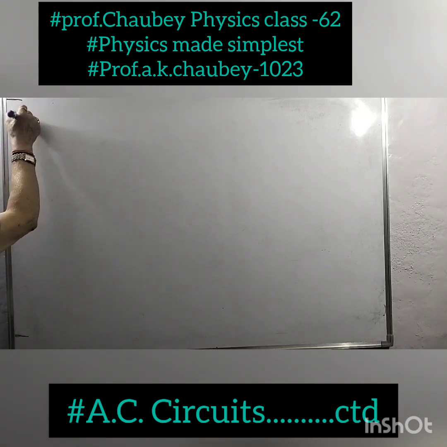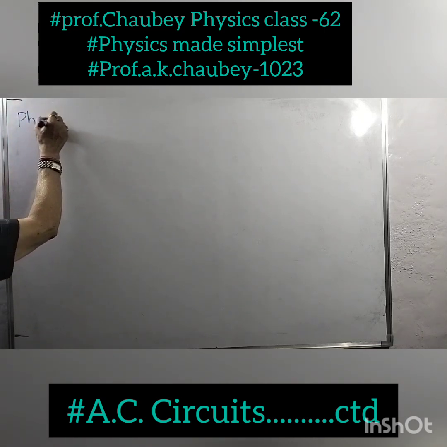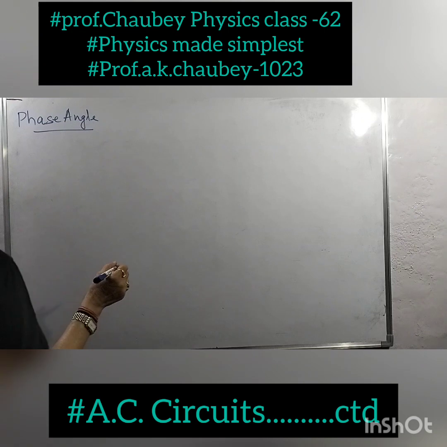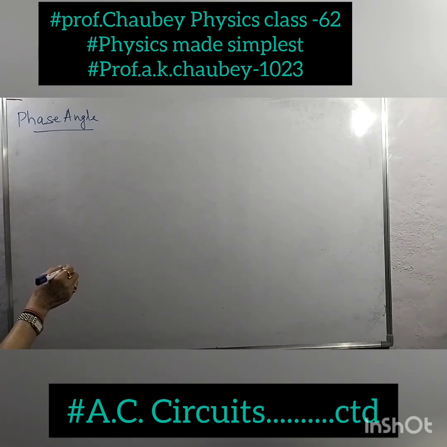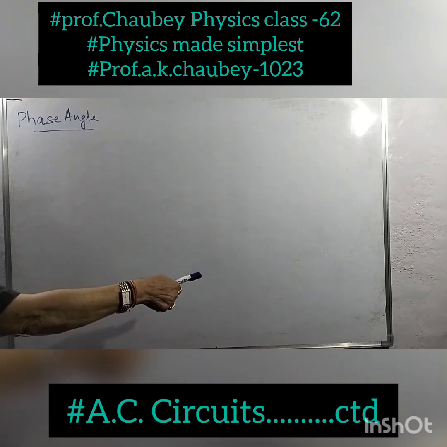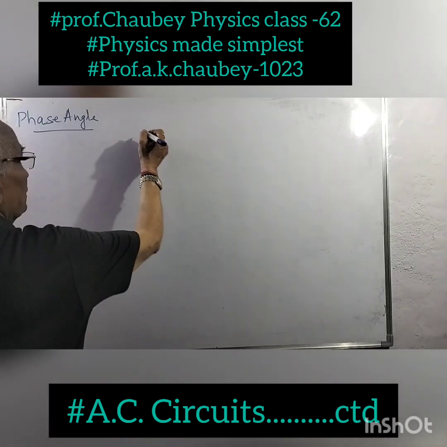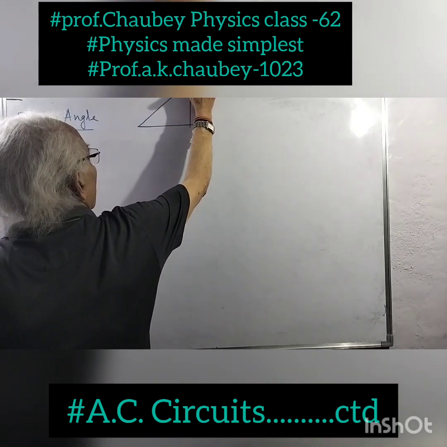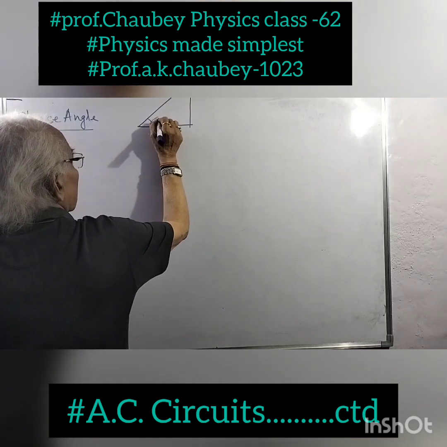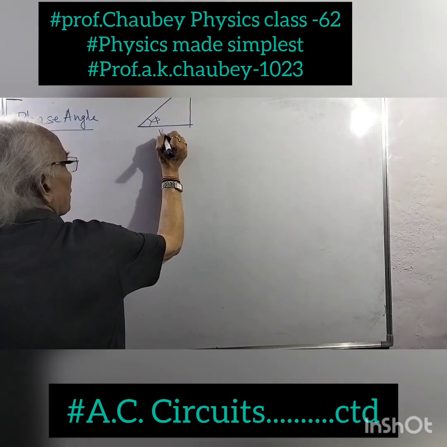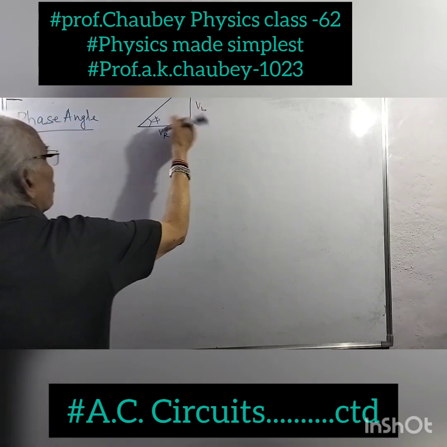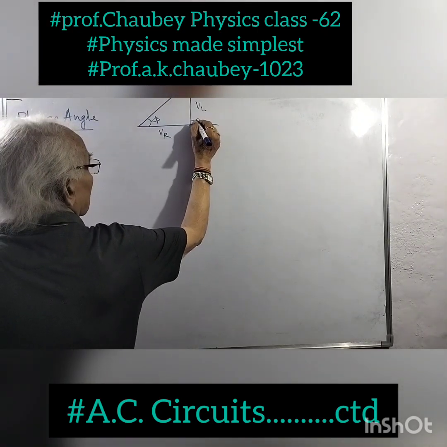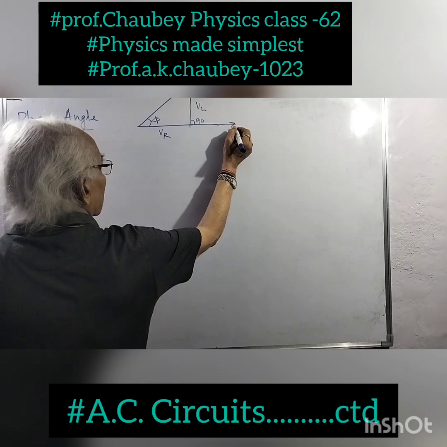We want to calculate the phase angle between voltage and current. What can we write? Say phi is the phase angle, meaning the vectors here. What does phase angle mean? This is the phase phi. This was VR, this was VL. So what is the phase difference? And we know that this is 90. This was the current.